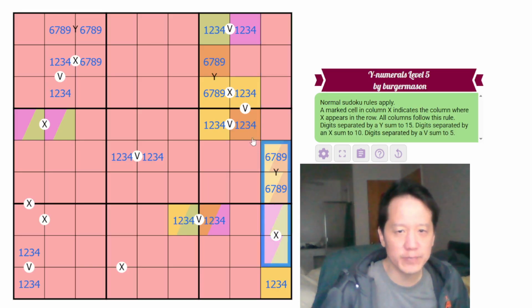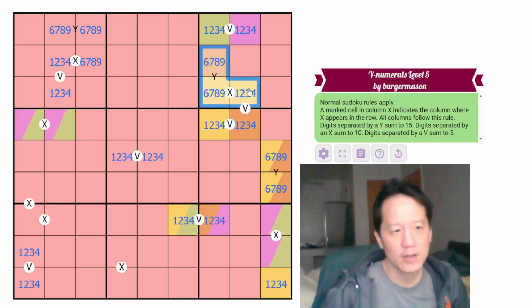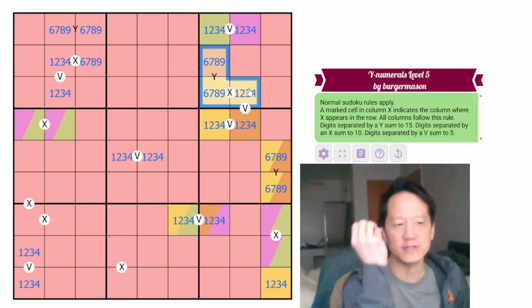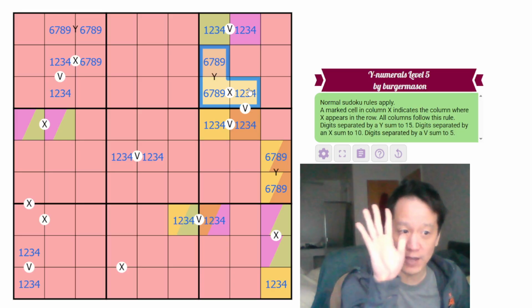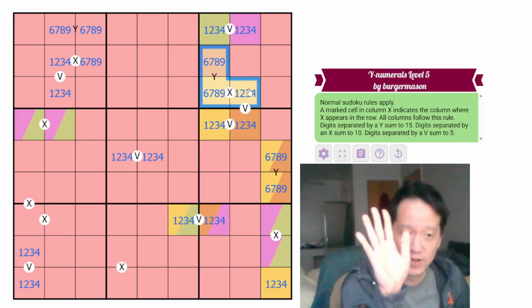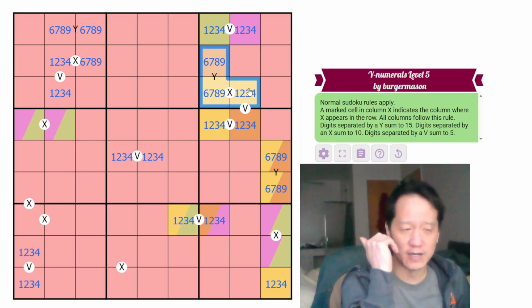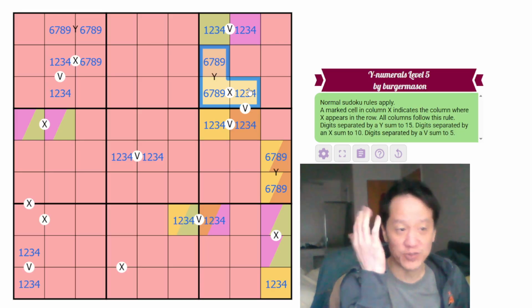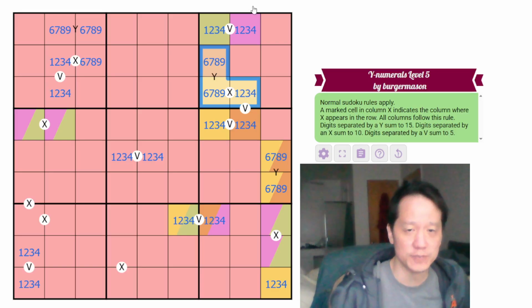Obviously, 5 cannot be next to a v, an x, or a y, because to add up to 5, obviously it would have to be 0. To add up to 10, it would have to be next to another 5. But obviously, by normal Sudoku rules, that's not allowed. And then to add up to 15, it has to be with 10, which is not a normal Sudoku digit.